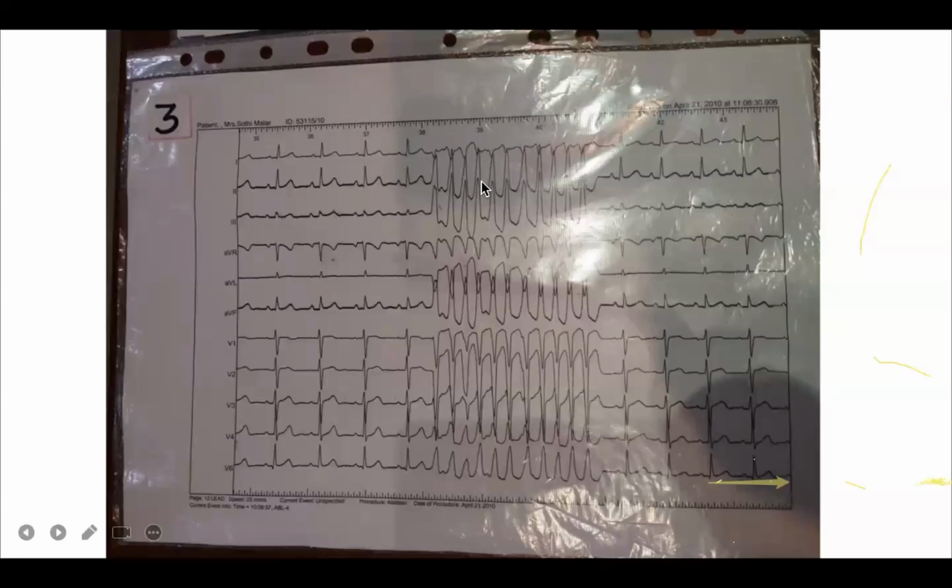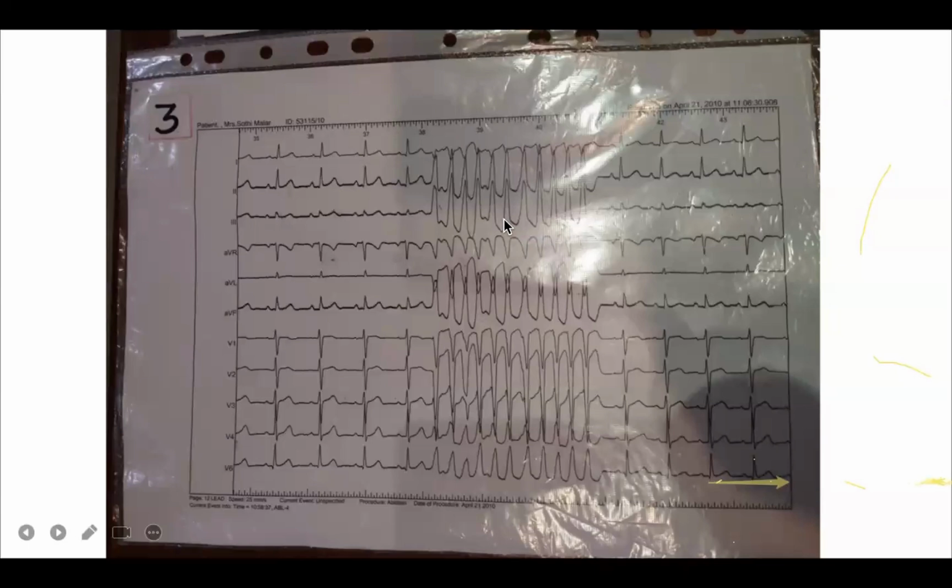If you see leads 2, 3 and aVF, they are positive here. So this VT is coming from the outflow tracts. And here V1 is negative and V5 is positive. So this is what we call RVOT, right ventricular outflow tract ventricular tachycardia, right?